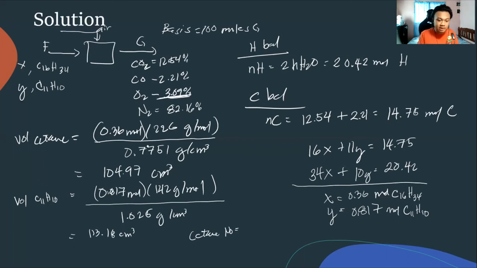Now the cetane number is just the ratio, the volume percent of cetane in your fuel. So 104.97 over the total, 104.97 plus 113.18, times 100.